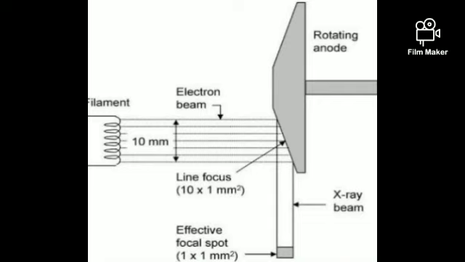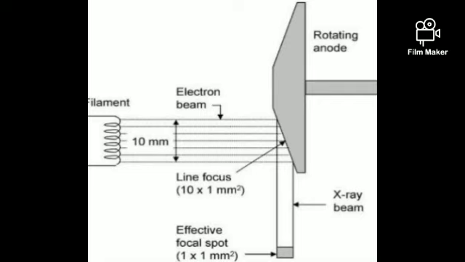So what is the effective focal spot? It is the area after striking of the electron, and it is the length and width of the emitted X-ray beam projected from the central axis of the X-ray tube.